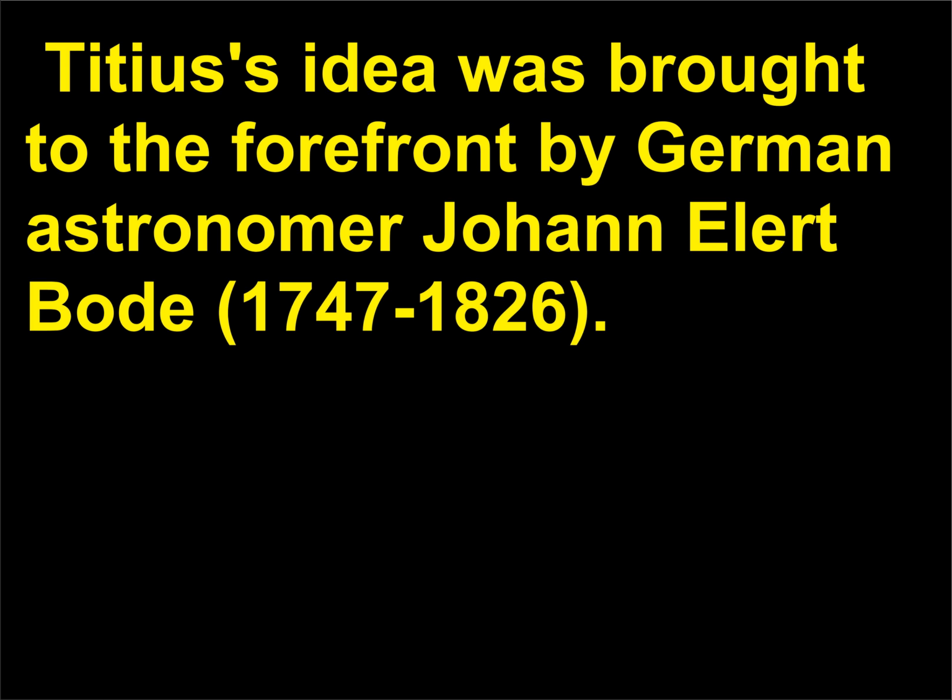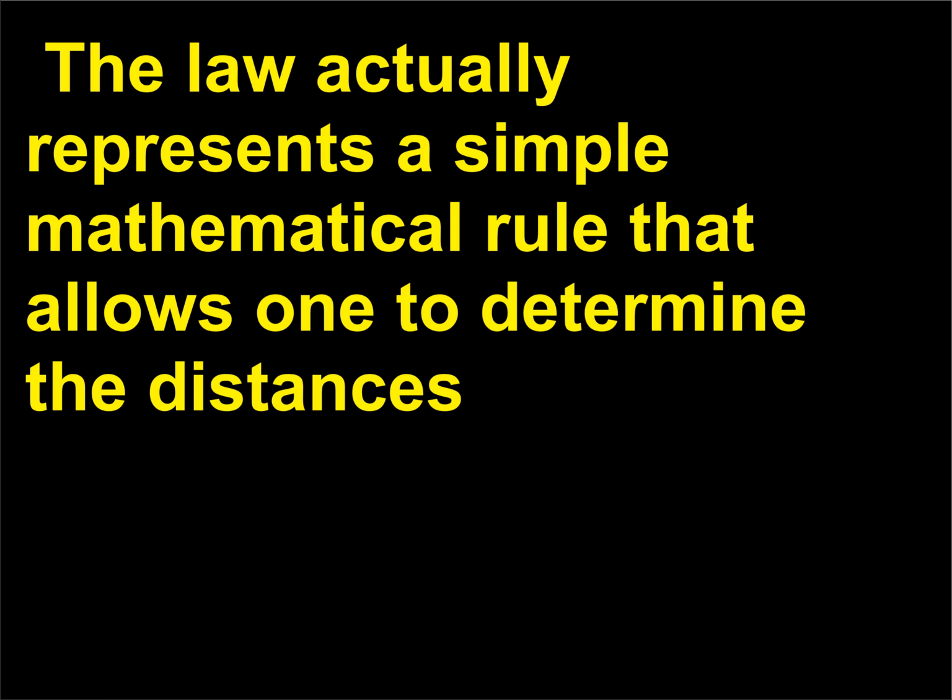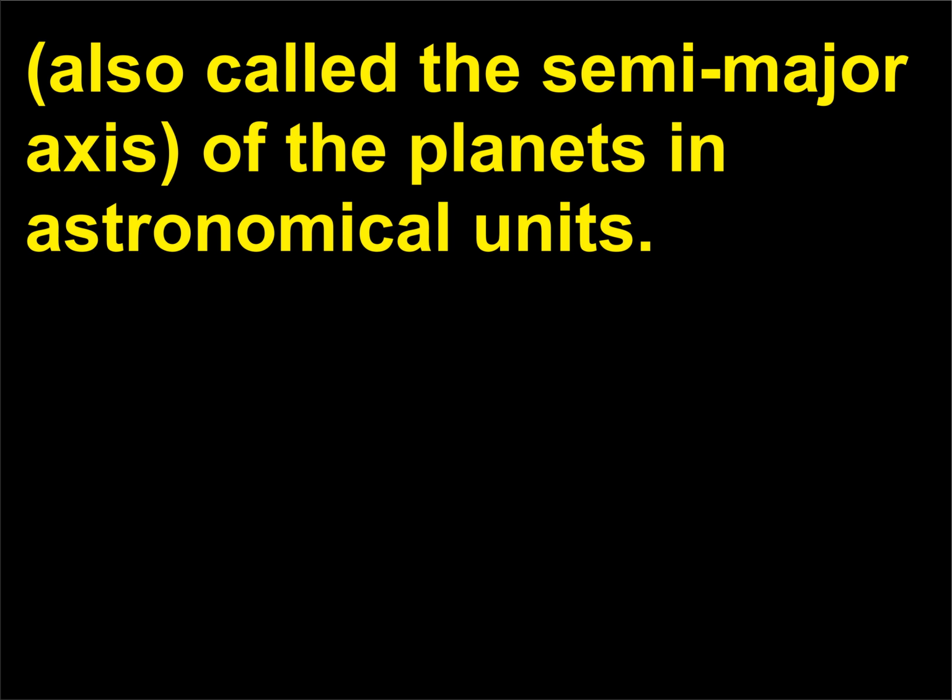Titius's idea was brought to the forefront by German astronomer Johann Elert Bode, 1747 to 1826. The law actually represents a simple mathematical rule that allows one to determine the distances, also called the semi-major axis, of the planets in astronomical units.